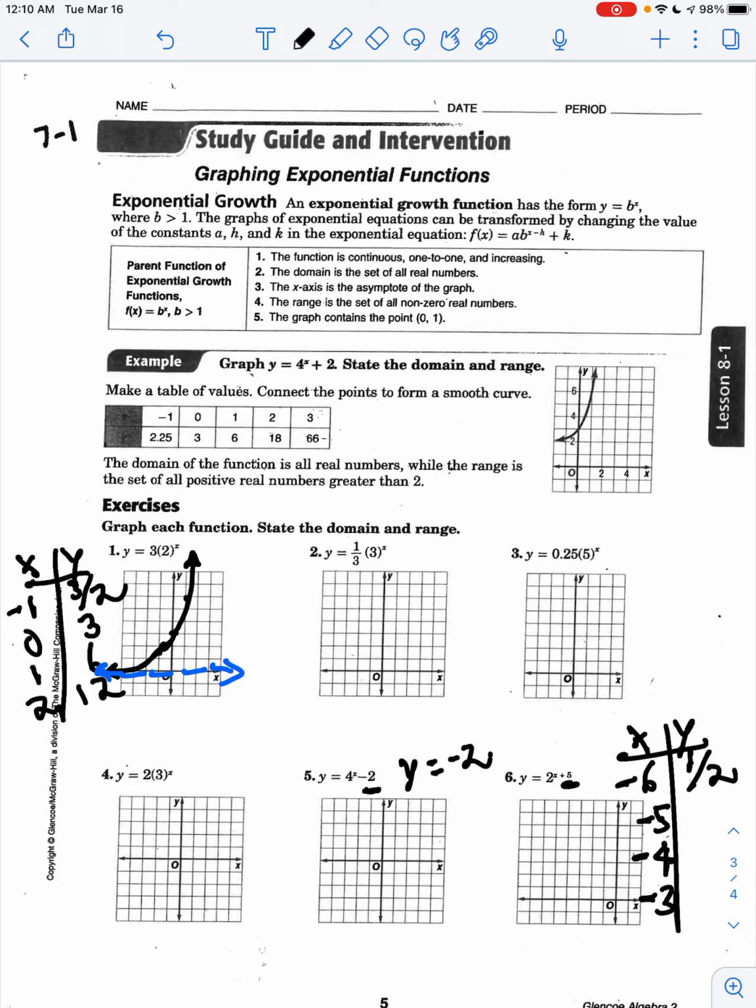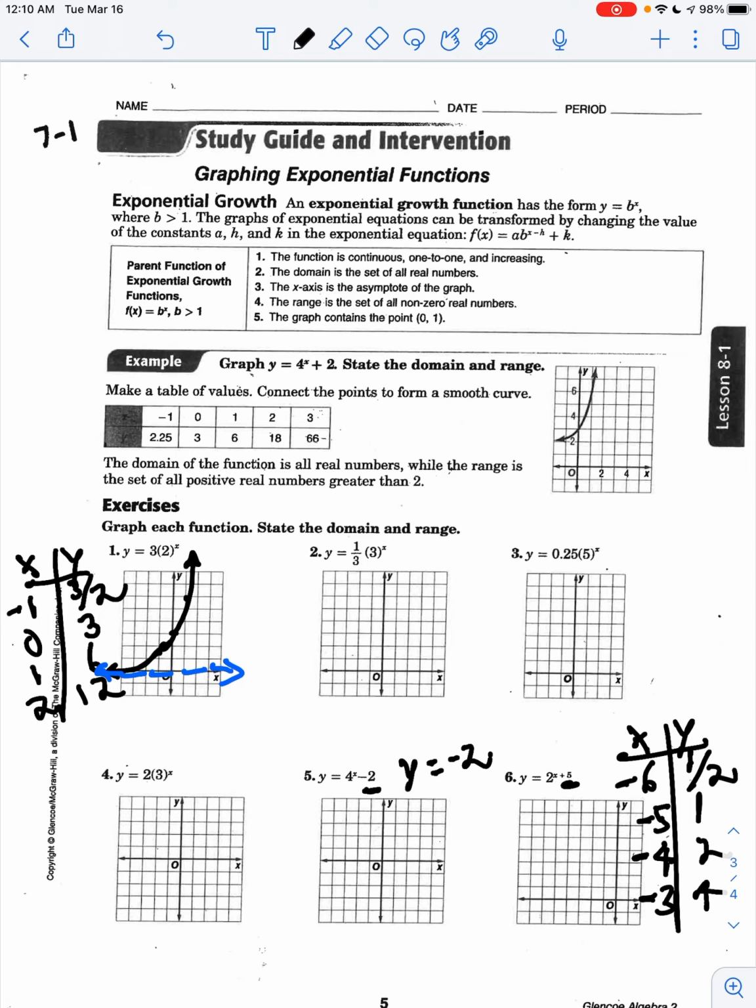When you plug in -5, -5 + 5 is 0, 2 to the 0 is 1. When you plug in -4, -4 + 5 is 1, 2 to the 1st is 2. You kind of get the idea. -3 + 5 is 2, 2 squared is 4, and then you would graph these points and draw in your graph. And it's simply shifting your graph to the left.